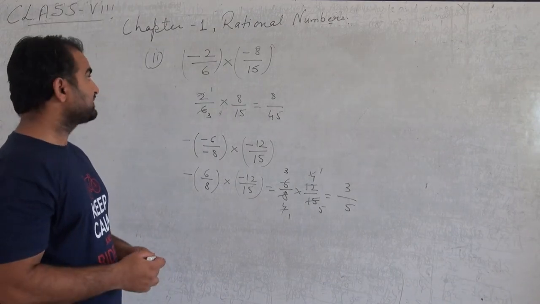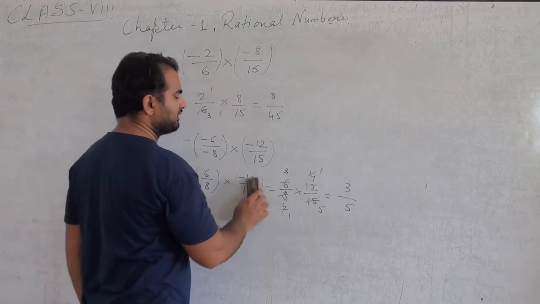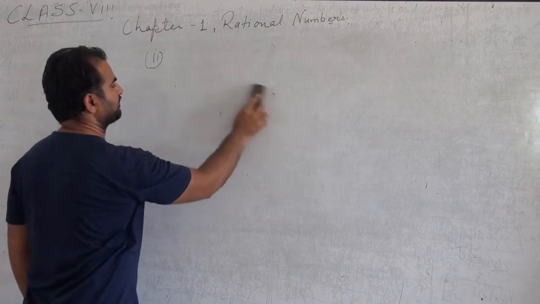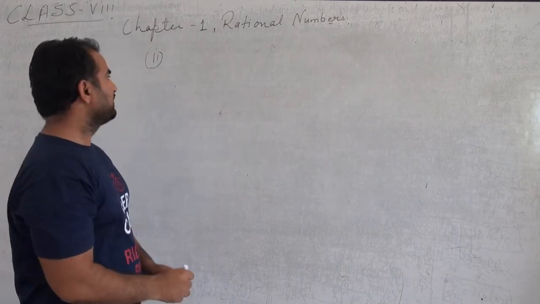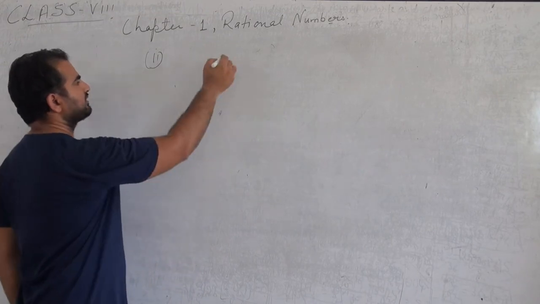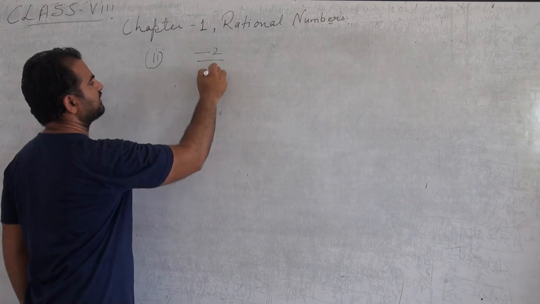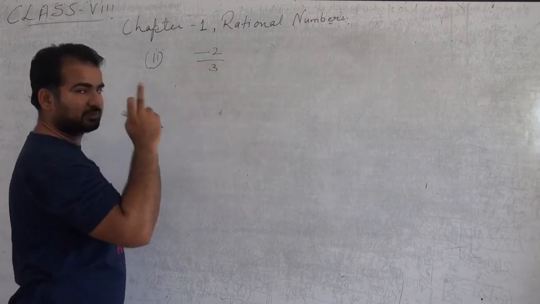Okay. Next is how to divide. But before dividing, we must know how to find the reciprocal of a given number. So the question is given: minus 8 by 5, we have to find its reciprocal.